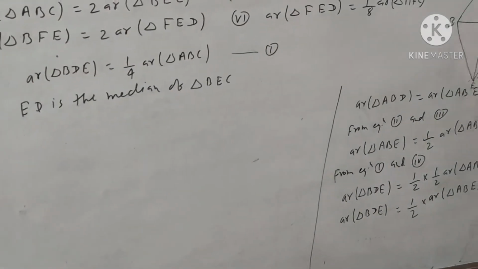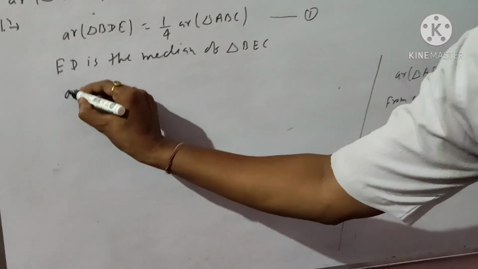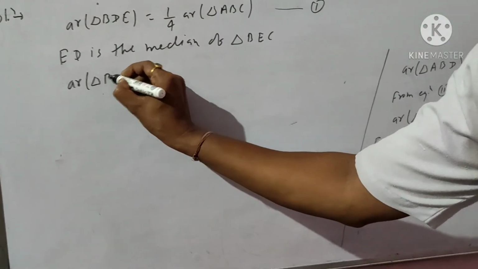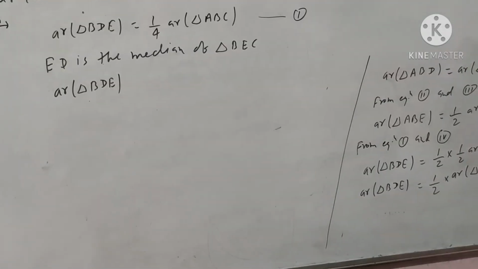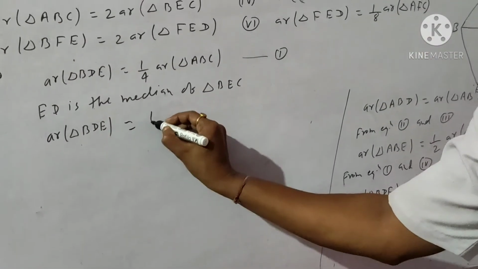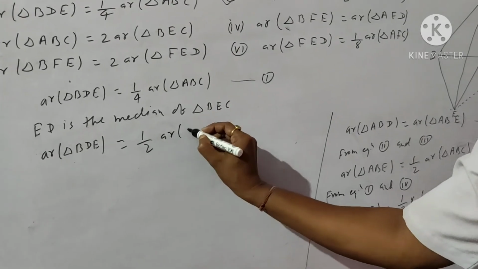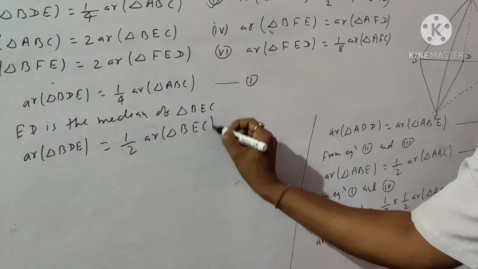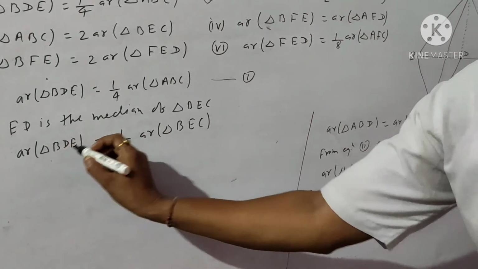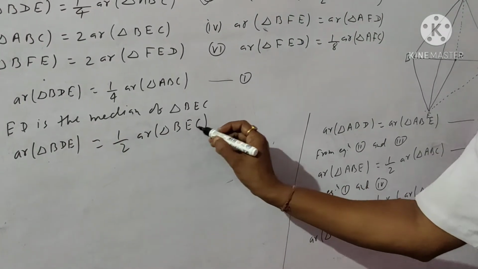So we can write here area of triangle BDE is equal to 1 by 2 area of triangle BEC.